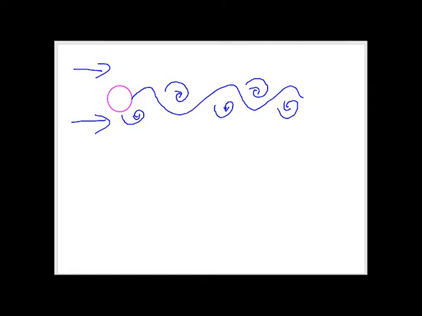That's the principle of the vortex flow meter. Couple of improvements. A round pole doesn't make nice vortices. To make nice vortices, you need to have a sharp-edged pole. So we use a sharp-edged pole that we call a bluff body.